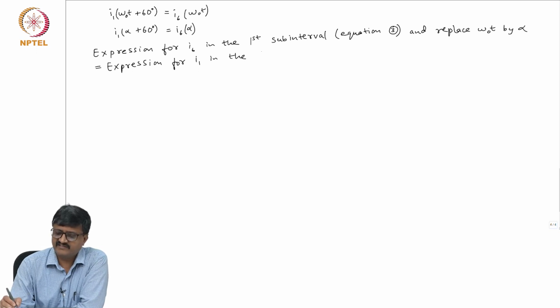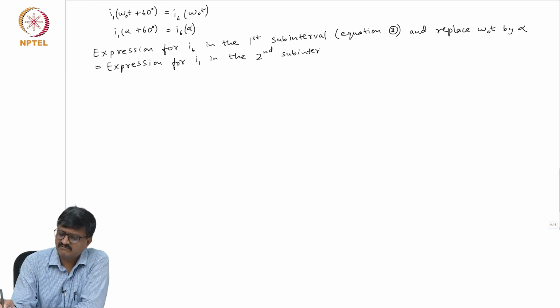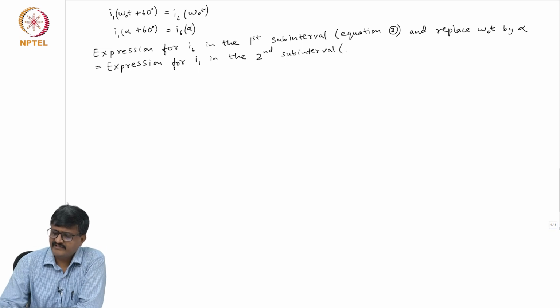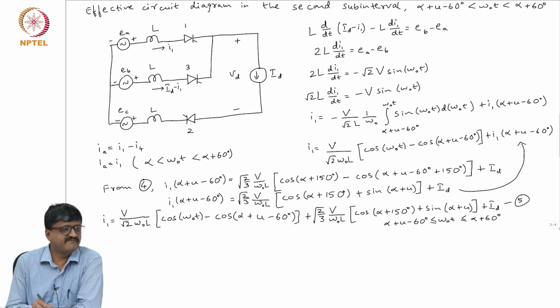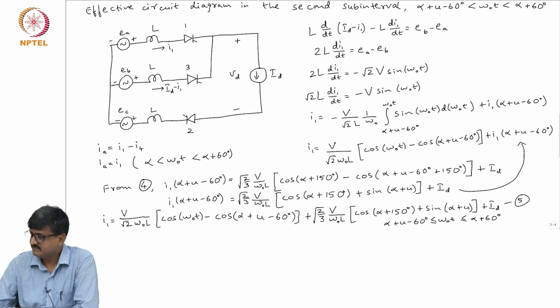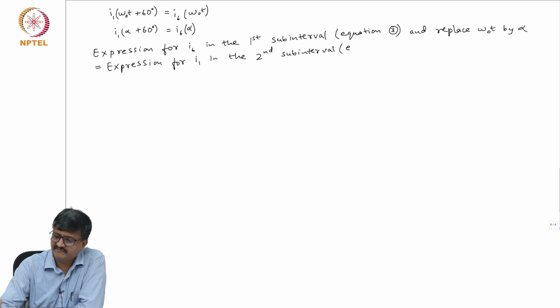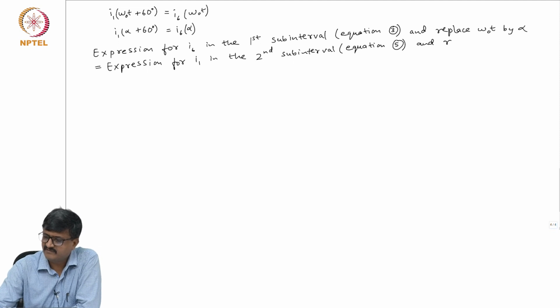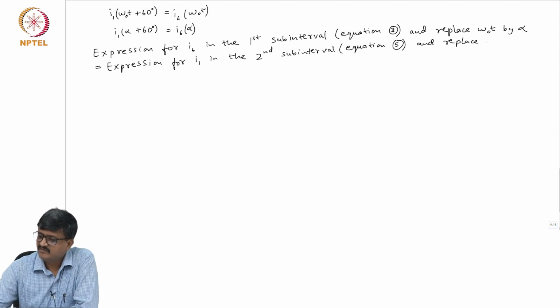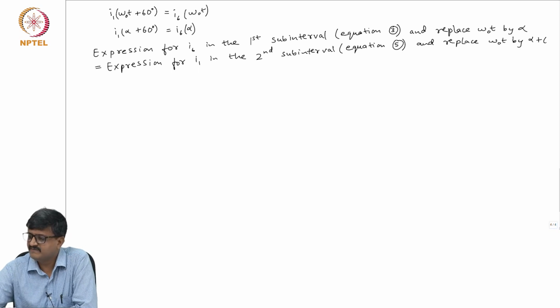So, for that I have to take the expression for I1 in the second subinterval. The expression for I1 in the second subinterval is given by equation 5, and replace omega ot by alpha plus 60 degrees.